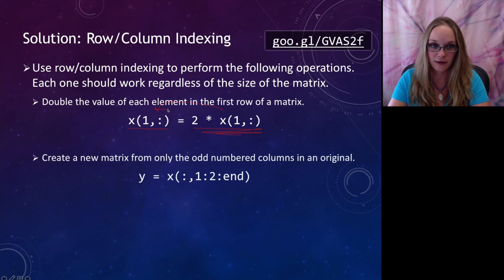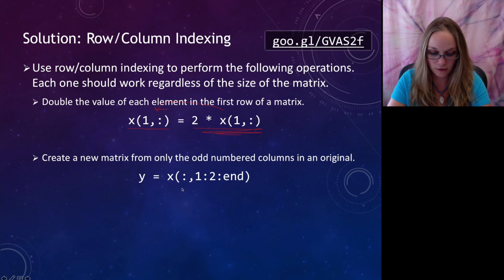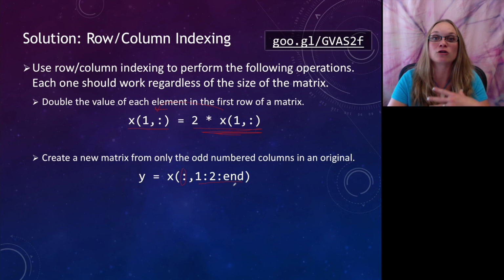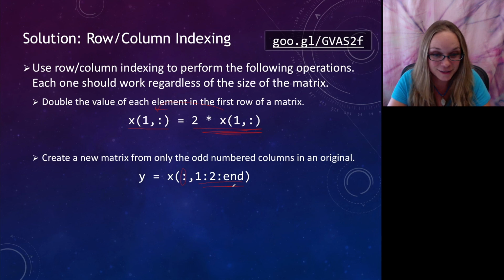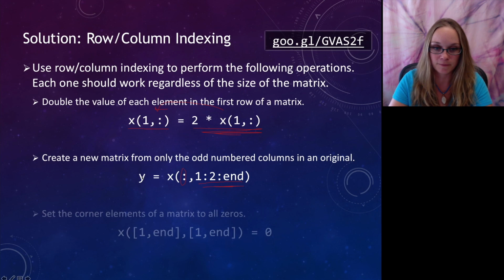Okay. Create a new matrix from only the odd numbered columns. This is all the rows, and we're working with columns. This is start at the first one, go every other one to the end. If you ever see something about how to do odd numbered columns, this is what you need to do. And the new matrix is y, so y equals this new thing.